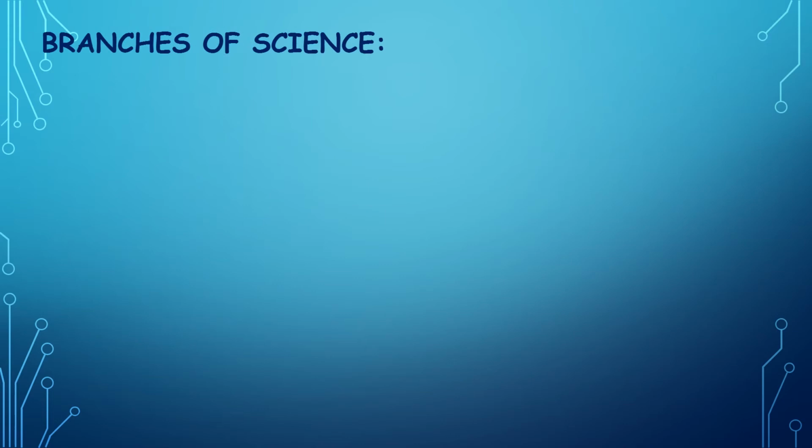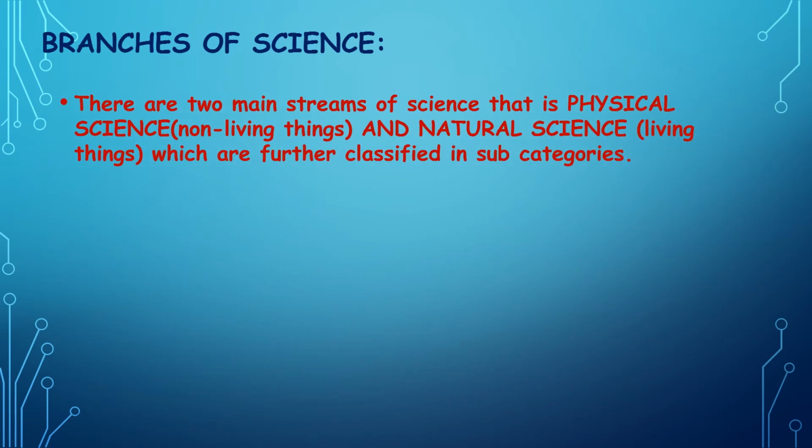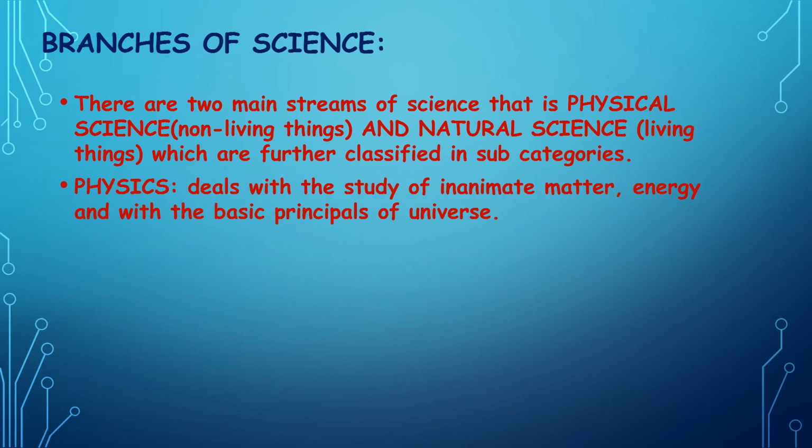So, branches of science have two main streams, that is, physical science, which deals with the study of non-living world, and natural science, which deals with the study of living world. Now, the subcategories of physical science and natural science are: physics deals with the study of inanimate matter, energy, and with the basic principles of universe.